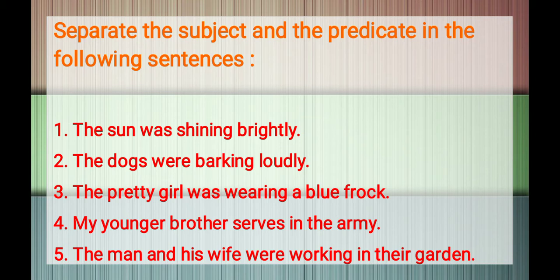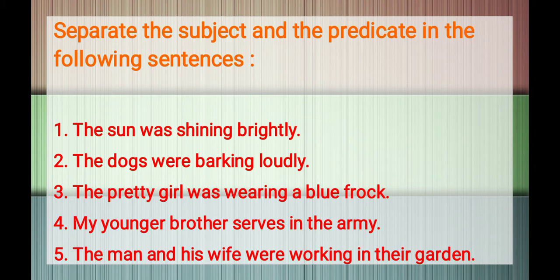Next sentence, the man and his wife were working in their garden. Now again you have to find out the verb. Let's see. In this sentence the verb is were working. Again you have to ask a question, who were working? The answer you got is the man and his wife were working.